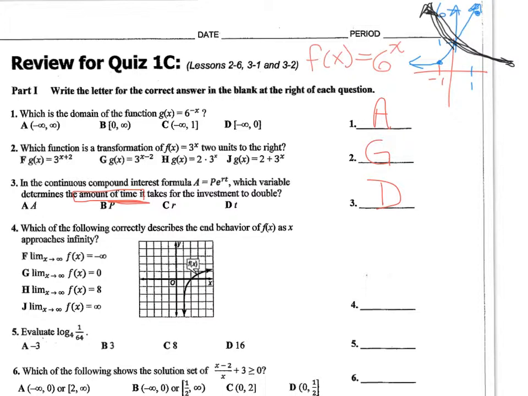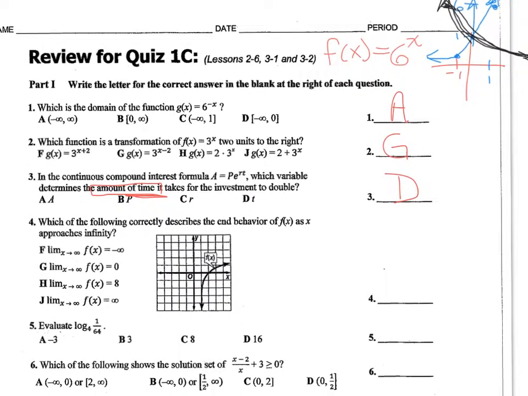For number 4, which of the following correctly describes the end behavior of f of x as x approaches infinity? It would be J. As x approaches infinity, then y is positive infinity. So that would be J.